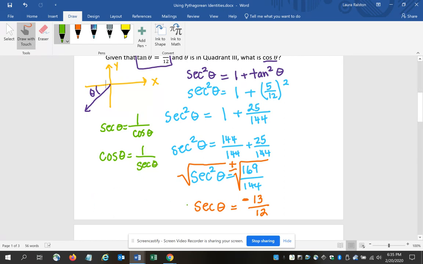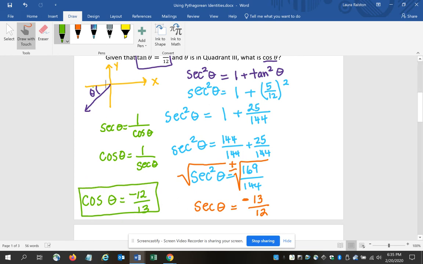Okay, so if I take the secant and find its reciprocal, that's going to give me cosine. Reciprocal you find by flipping it over. So it's going to be negative 12/13. So the cosine of theta is negative 12/13.